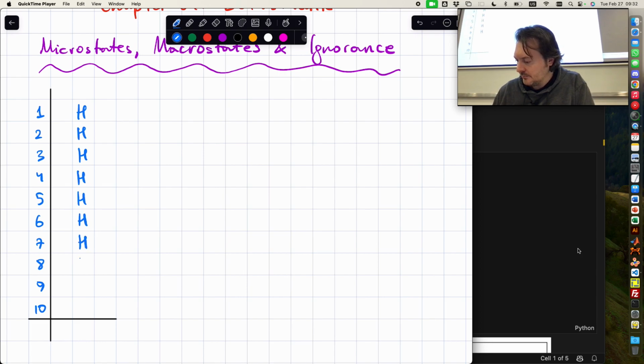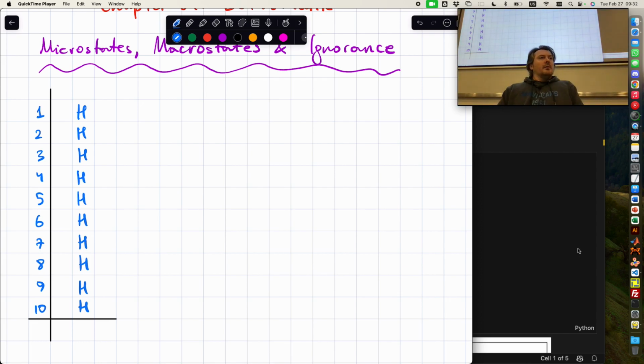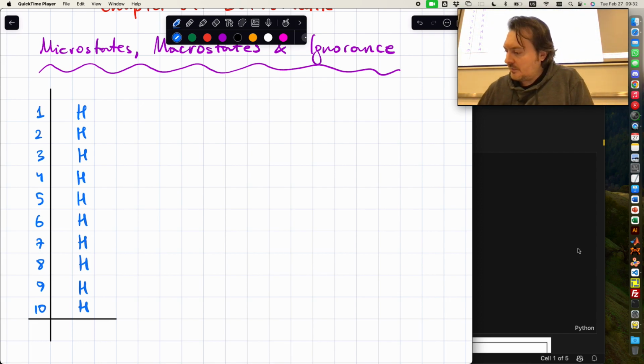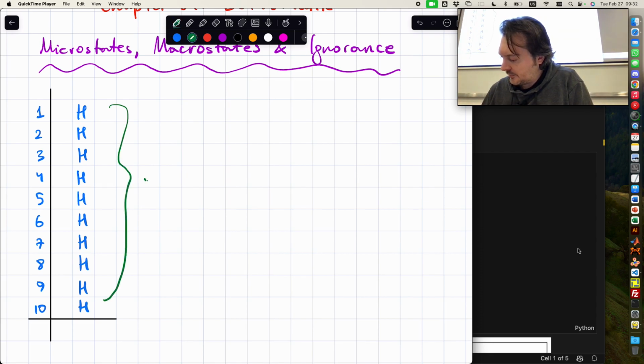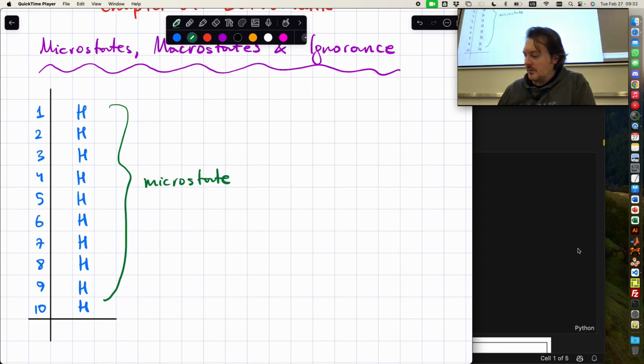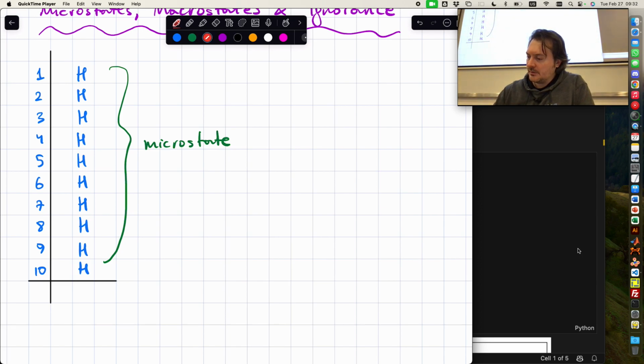Okay? So this configuration, we will call this configuration a microstate. Okay? And let's say how many heads do I have? I have 10 heads, 0 tails. And this will represent our macrostate.